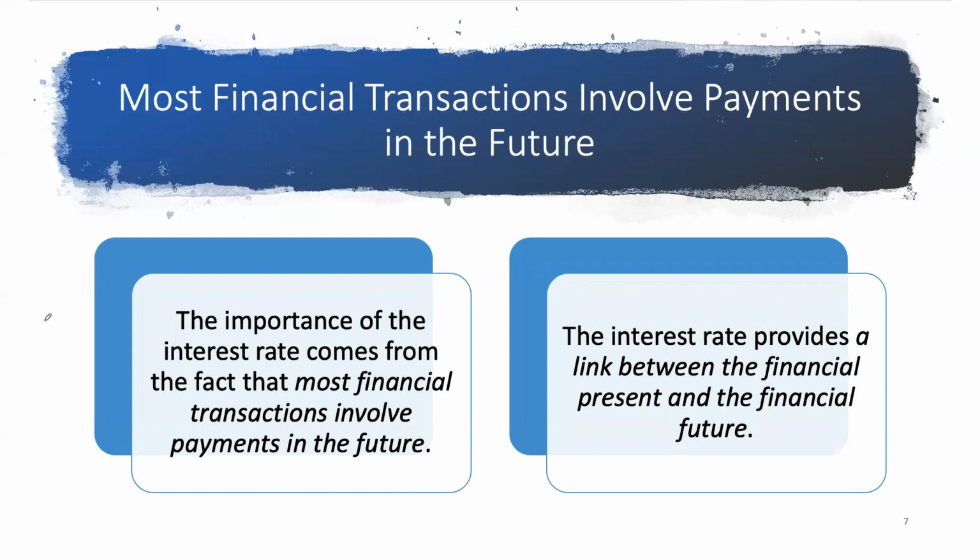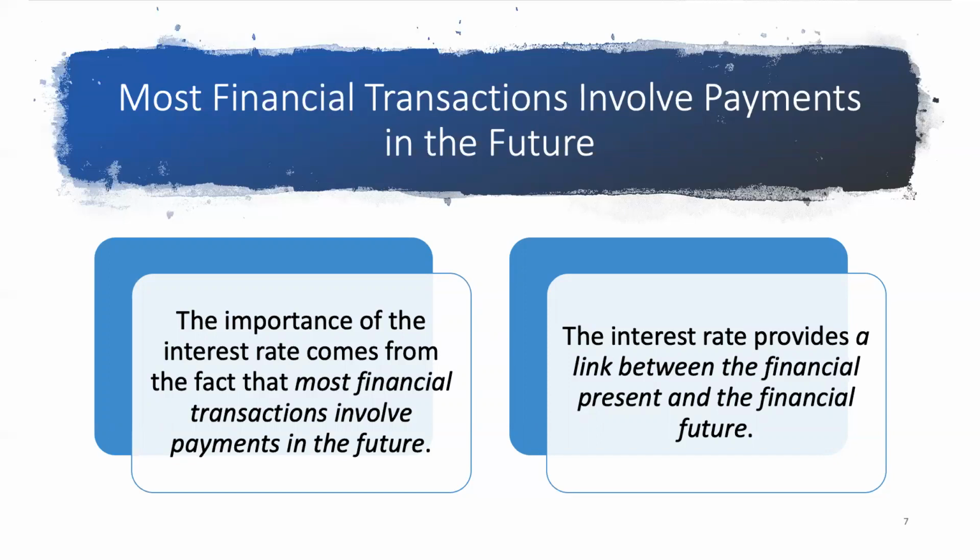The reason why we care about the interest rate so much is because it provides a vital link from the present into the future, right? If you think about any kind of financial transaction, these involve payments in the future. An asset that you buy today, you're not just going to buy it for consuming it. It's not an asset if you just buy it and consume it in the same period.